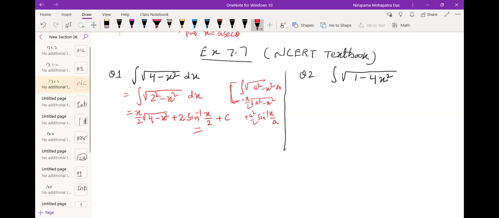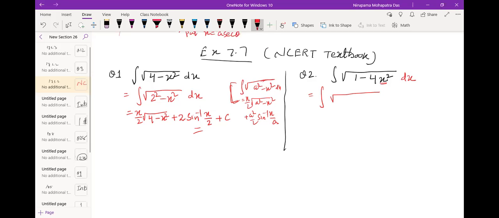Second question: you have the square root, and of course dx will be there. Whenever you see such questions and you want to apply the formula directly, one trick to remember is to make the coefficient of x square 1. That means you have to take 4 outside.